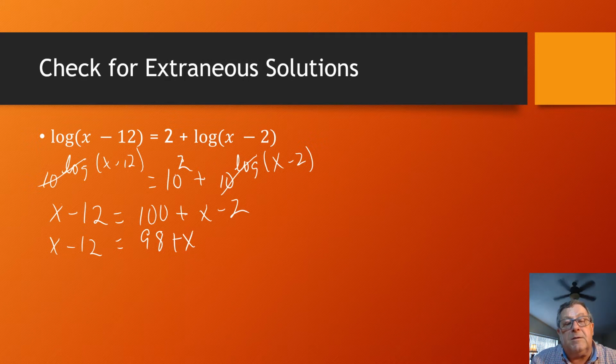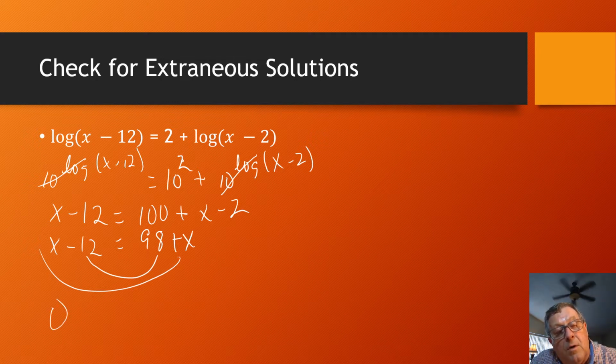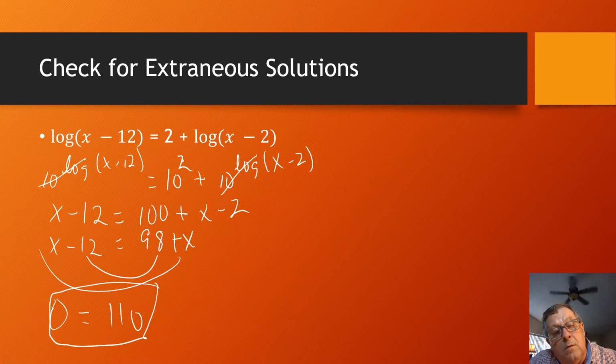And so let's subtract the x from over here and add the 12 from right there. And so x minus x is equal to 0 equals, and 98 plus 12 is going to be 110. But guess what? 0 does not equal 110. And so in this case, there is no solution.